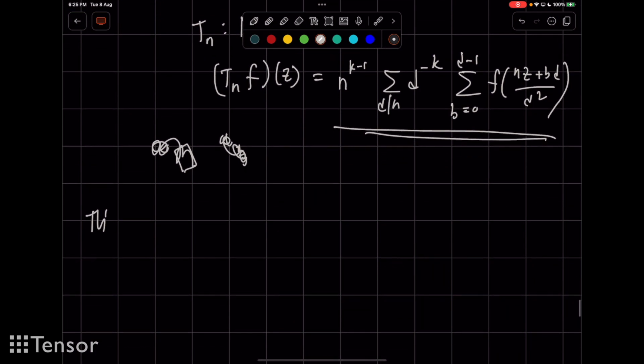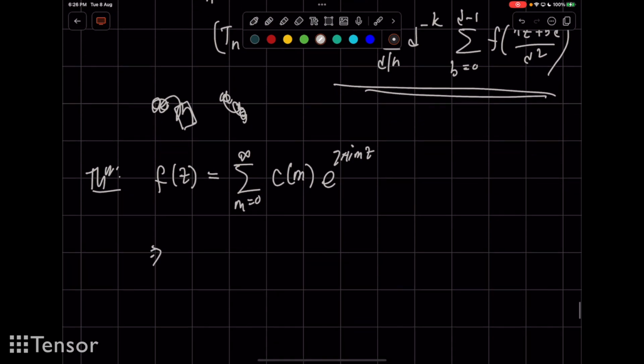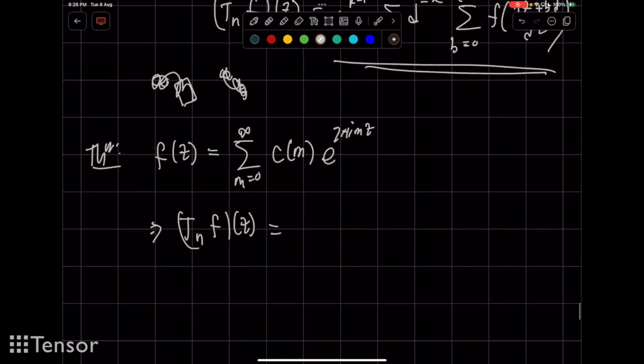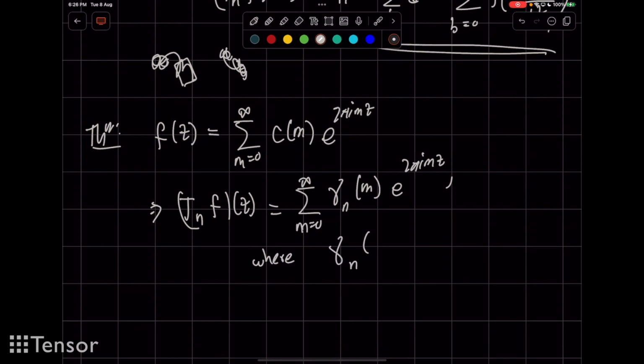Okay, so the theorem says that if f is a modular form of weight k, then it has a q expansion that goes like this: the sum of e to the 2 pi i m z times a_m, which I'm writing as c(m). Then T_n f(z) also has a q expansion, given by the sum from m equals 0 to infinity of gamma_n(m) e to the 2 pi i m z, where gamma_n(m) is given by the sum of d to the k minus 1 times c(mn over d squared), where d runs over the divisors of the GCD of m and n.